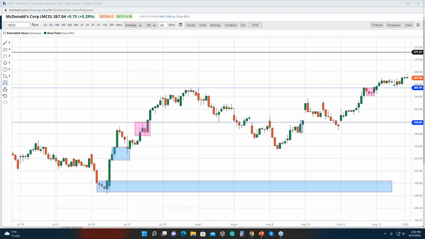Gina asks about gap theory, and that gap theory says that all gaps want to be filled. And so, Gina, yeah, I do like to look for pullback entries on gaps. But there's also another part of gap theory that says, especially on breakaway gaps or runaway gaps, that price tends not to pull back in the initial impulse. So you can do both.